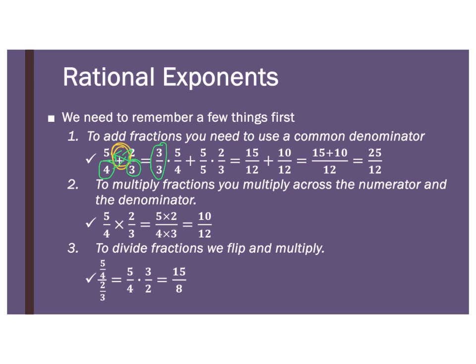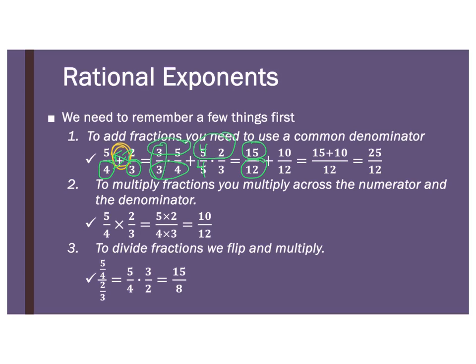Sorry, this is a typo. Since that's a 4, this should be 4/4. Apologies, I will change it on the regular slide. Now when we multiply these, I get 3 times 5, which is 15, over 3 times 4, which is 12.